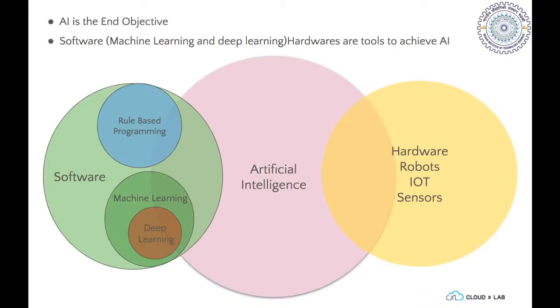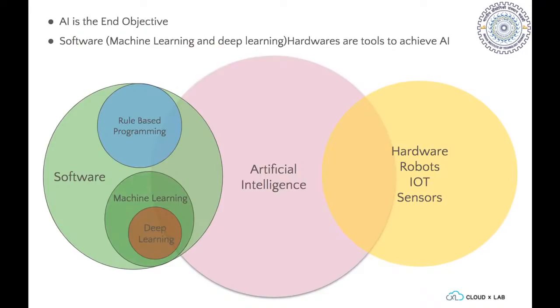Deep learning is that machine learning which is designed around the neural network, around the design of the animal brain. Of course, it's not exactly like the animal brain, but the idea is very similar. So deep learning are those algorithms inside machine learning that are designed around the human brain or animal brain. All right. So that's what we call machine learning.